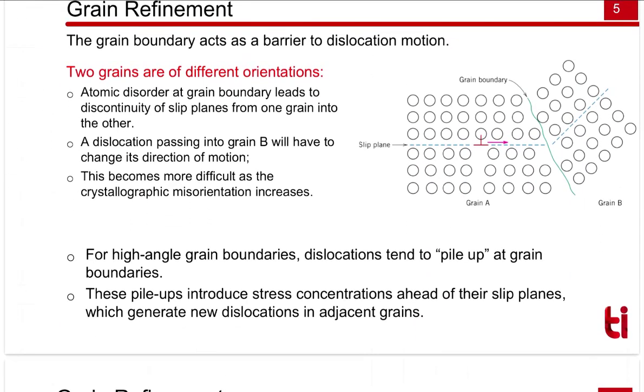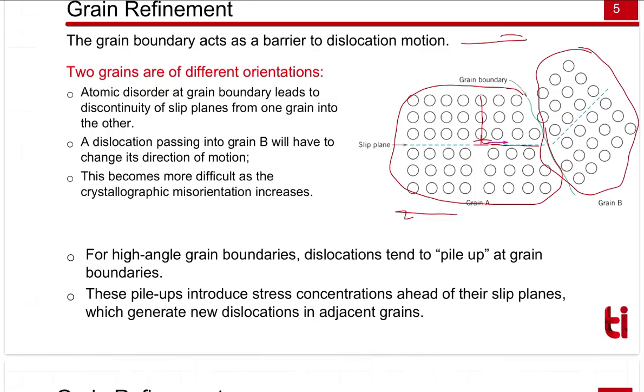Now next one is the grain size refinement. You know, two grains are having different orientation. In this grain, you see this is one dislocation. Whenever you are applying a shear force, this dislocation will move. Now this is a different grain, it is having a different orientation.